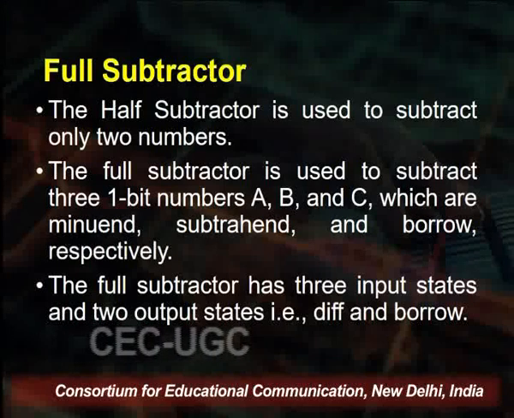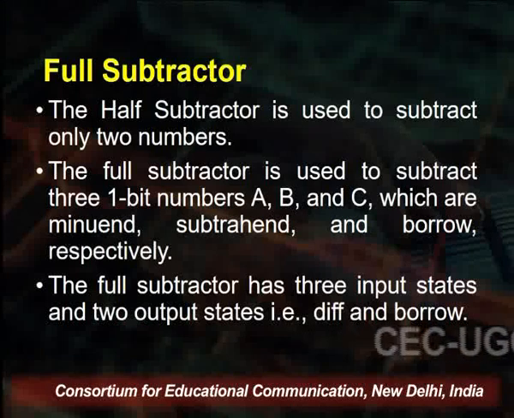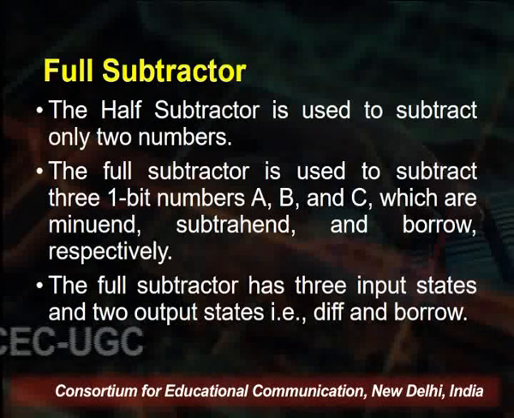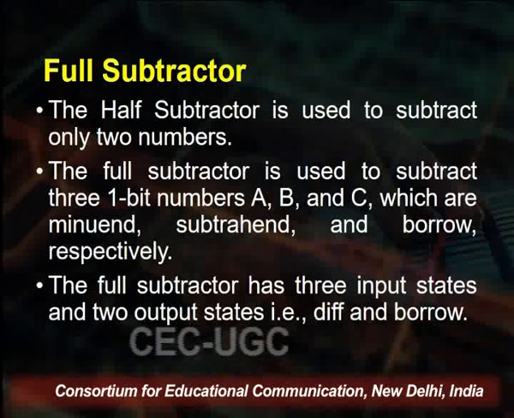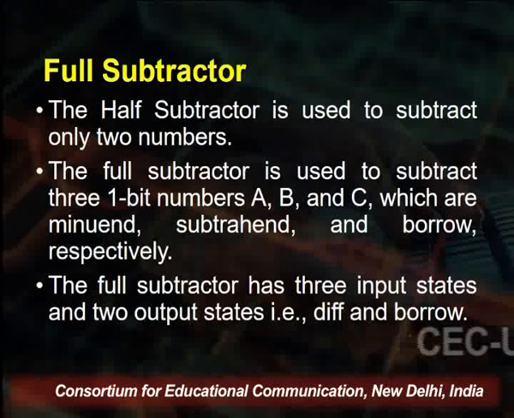So the full subtractor is used to subtract 3 1-bit numbers A, B and C, which are the minuend, subtrahend and the borrow. The full subtractor has 3 input states and 2 output states. Of course, these are going to be the difference and the borrow, as we've already seen them in the half subtractor circuit.